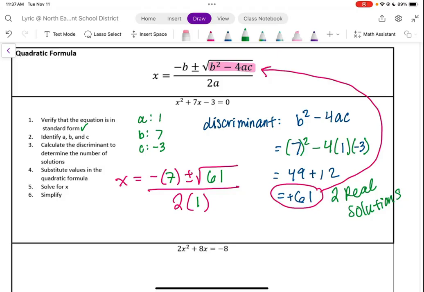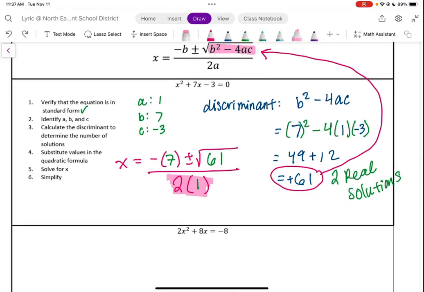So now we have something that we could simplify just a little bit. What do we need to simplify? Well, we have this negative in front of the 7, and we have the 2 times 1 in the bottom. Now, the square root of 61, that is not a perfect square. So we'll just leave it like that.